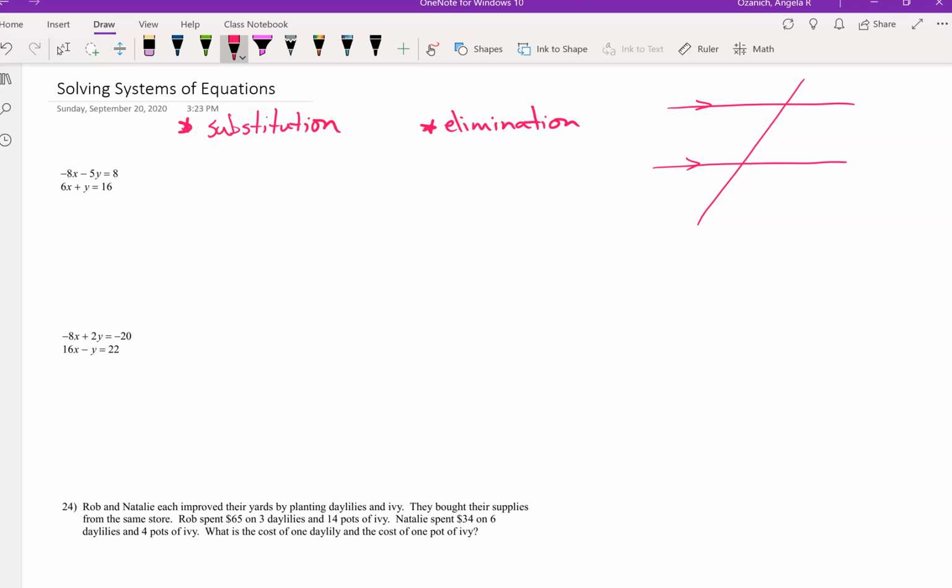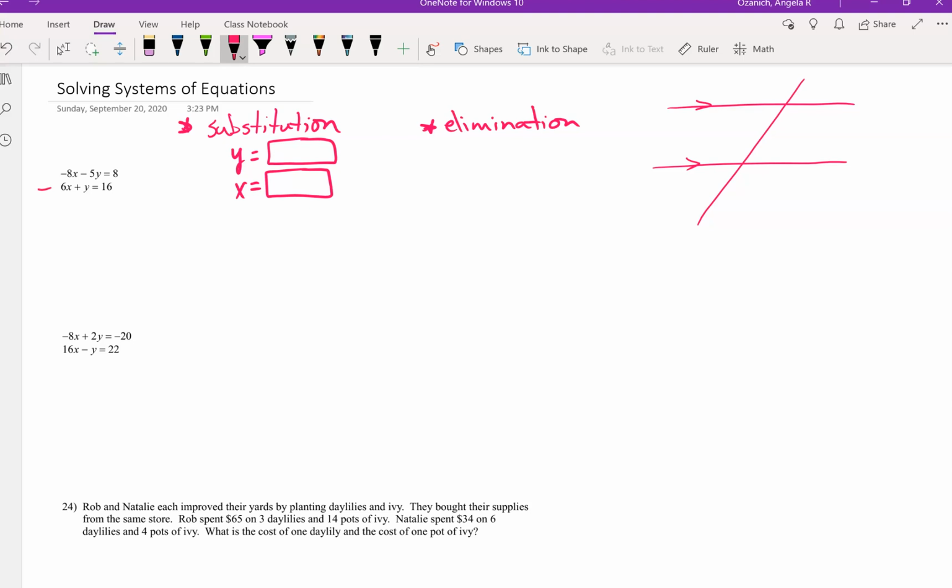Okay, so one of the things that you can do is look at the two equations that you've been given. And if we're solving by substitution, it's nice to have one of the equations say y equals information or x equals information, so that we can take that information that y is equal to or that x is equal to and actually plug it into the other equation.